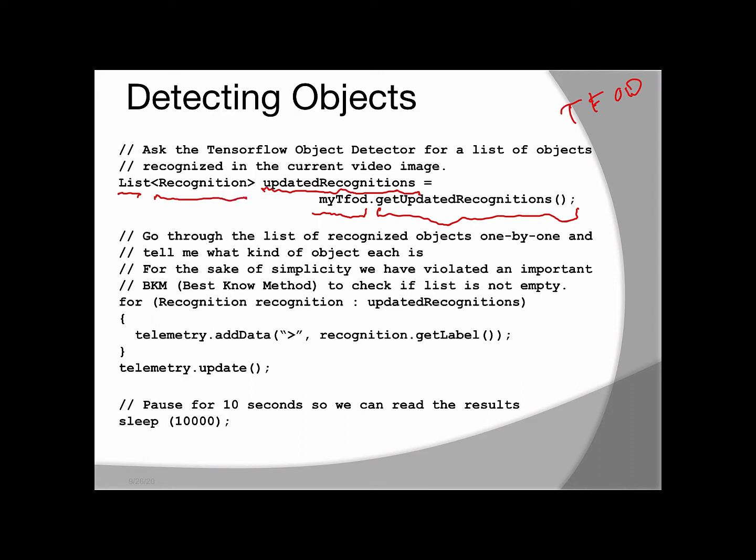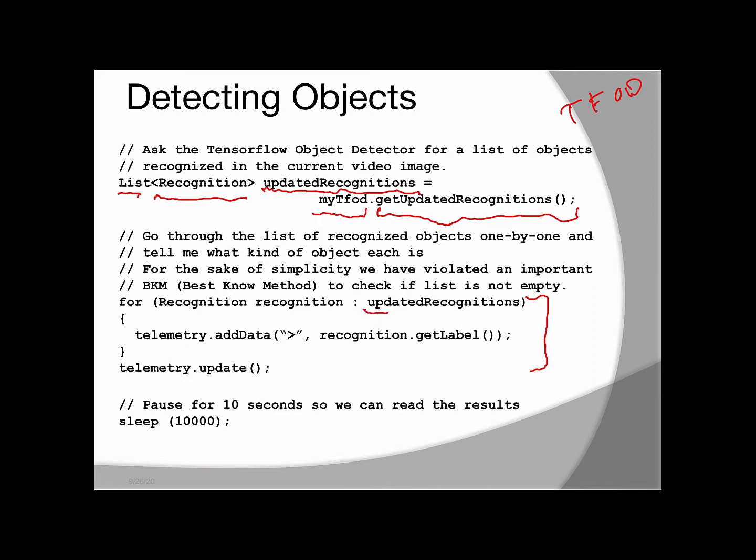So there's going to be 5 recognitions in that list if everything works correctly. Then once I have that list, I'm going to want to go through that list one item at a time, and in this case I'm going to do something very simple and print it out to the robot controller. So here's that list, here's that loop that I can use to go through that list.